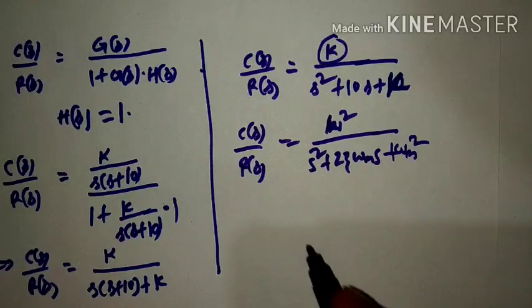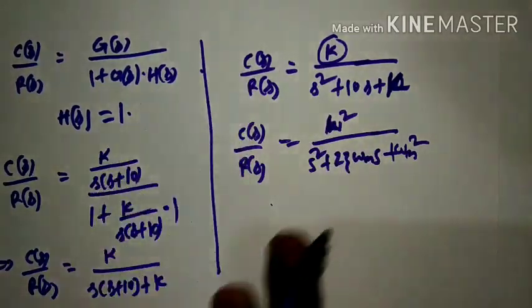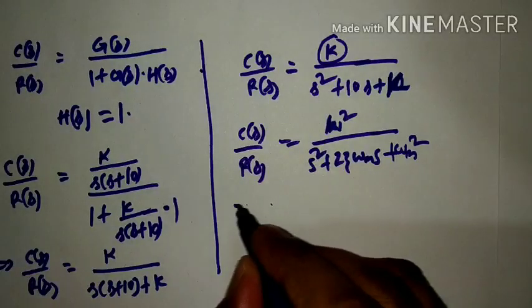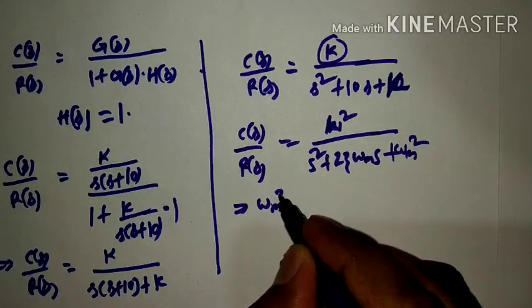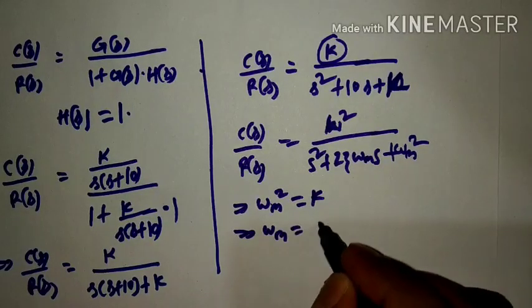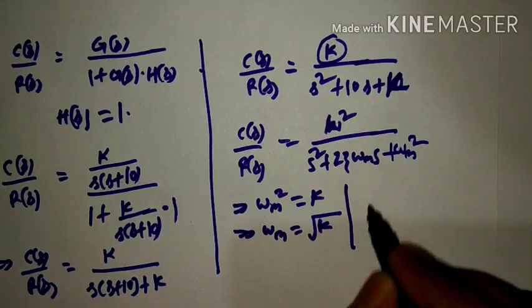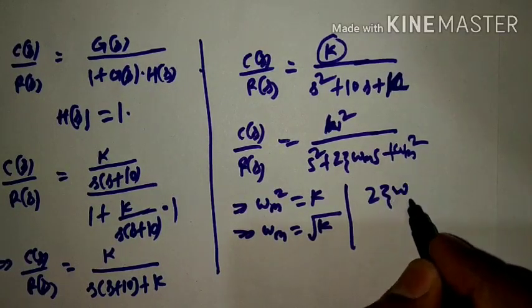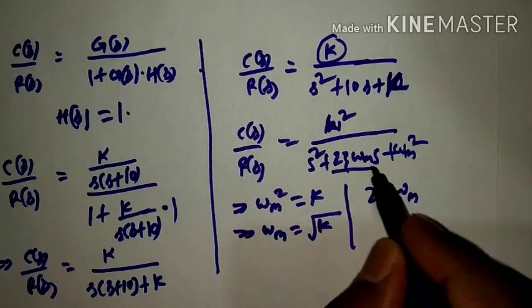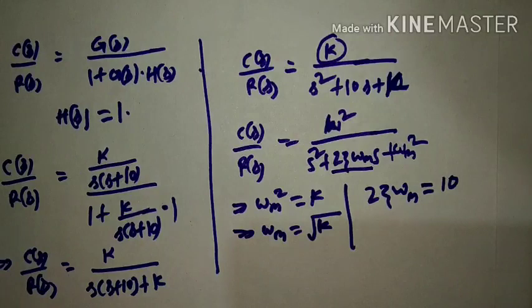Comparing, omega n square is equal to K, so omega n is equal to root K. And 2 zeta omega n is equal to 10.